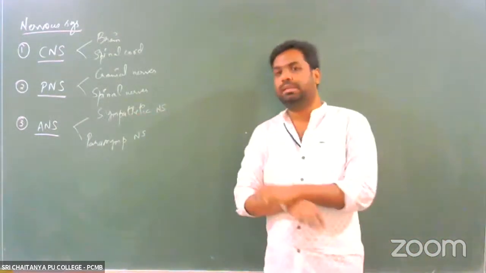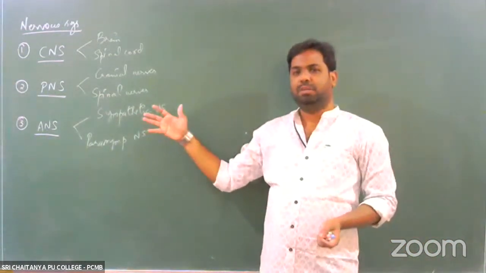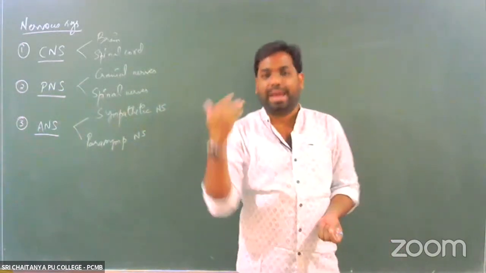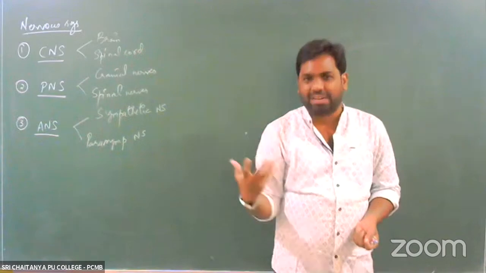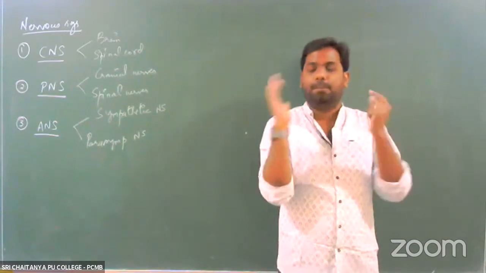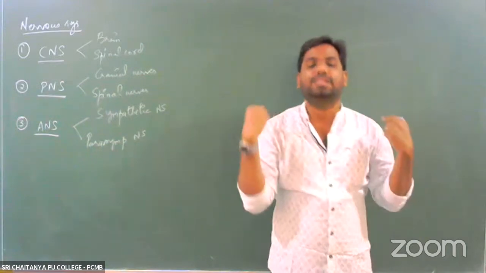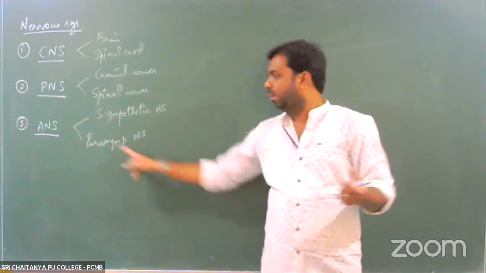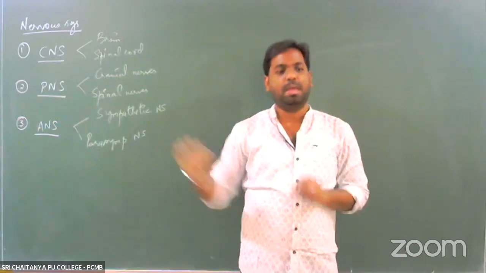Now, what does the sympathetic nervous system do? The sympathetic nervous system is the one which prepares the body for extensive physical activities, right? So that is the role of the sympathetic nervous system. Now, what does the parasympathetic nervous system do?